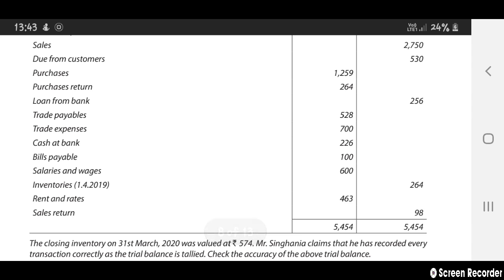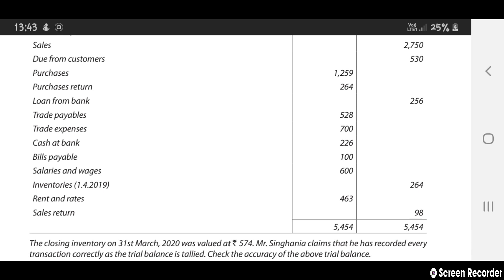Next, trade payables 528 debited, because of payment to trade payables. Trade expenses 700 paid, debited. Cash at bank 226 debited.